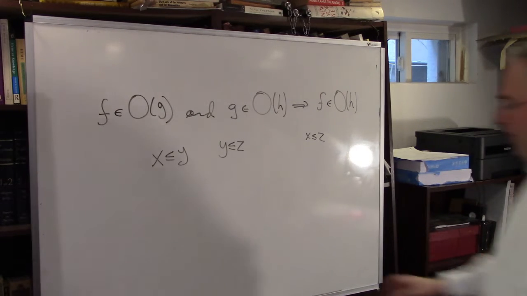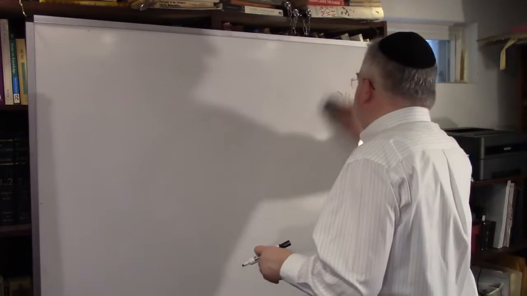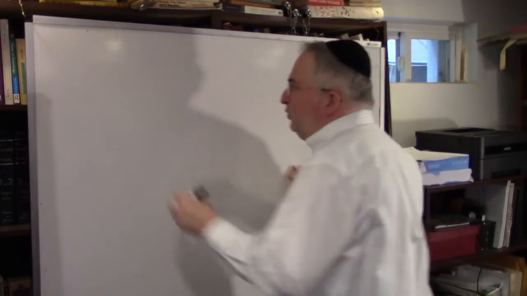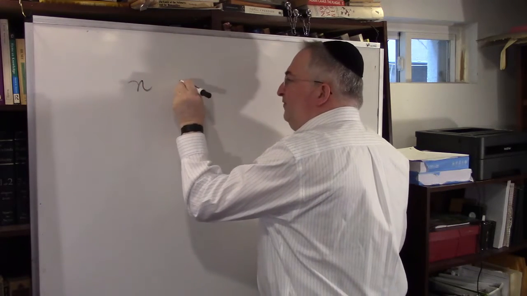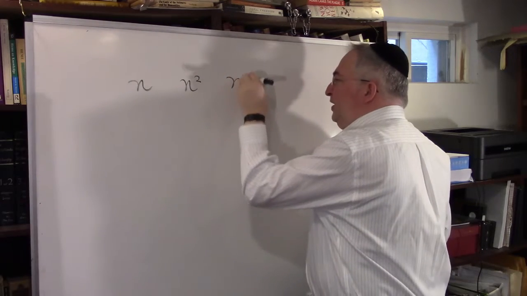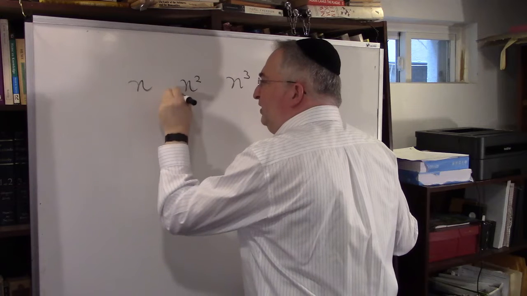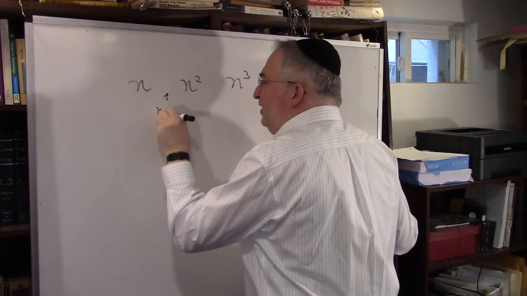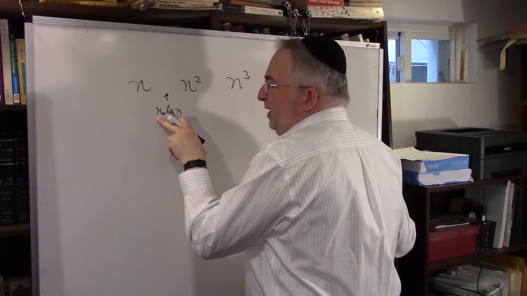I want to talk about all these different classes in order. So we have functions that run n, a lot of functions that run n squared, and functions that run n to the third. And then there are things in between. In here, there's n log n. That's going to be a popular one.